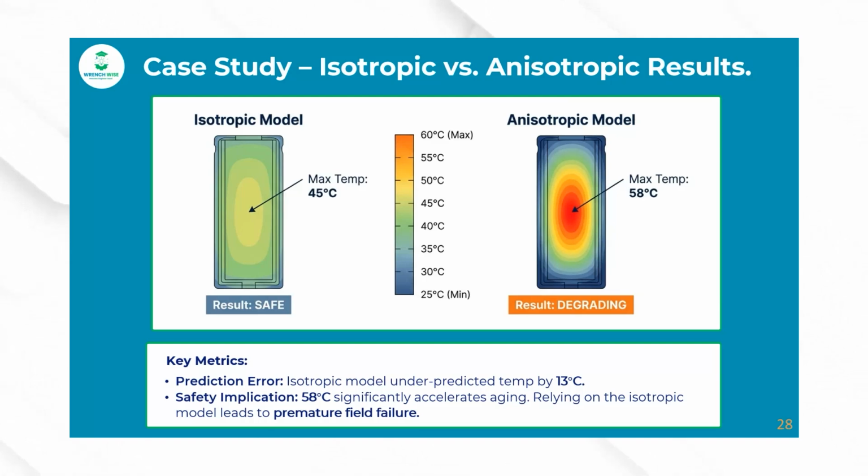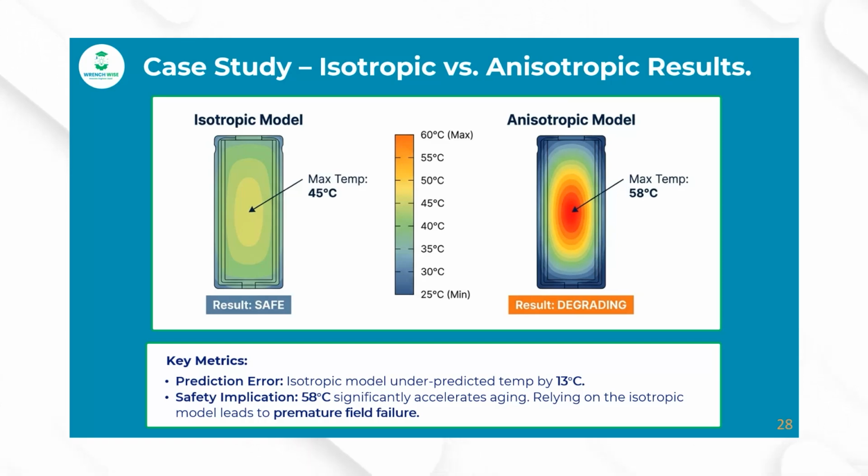So the isotropic result on the left that we see here, the standard scalar model, is showing a peak core temperature of 45 degrees Celsius because this model assumes that highly conductive foils are mixed with insulating separators. It will mathematically assume that radial cooling is much more efficient than it actually is. So in our design review, it was flagged as safe, but this can potentially lead to an engineering team approving a thermal management system that is fundamentally inadequate.